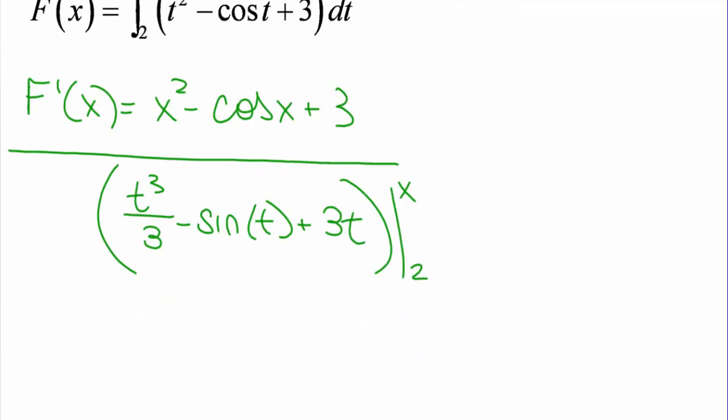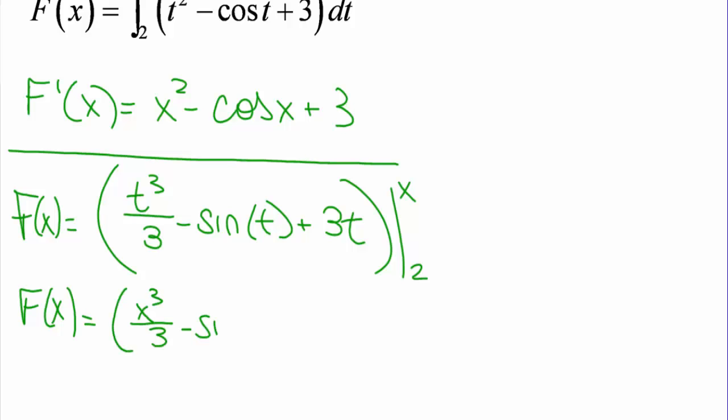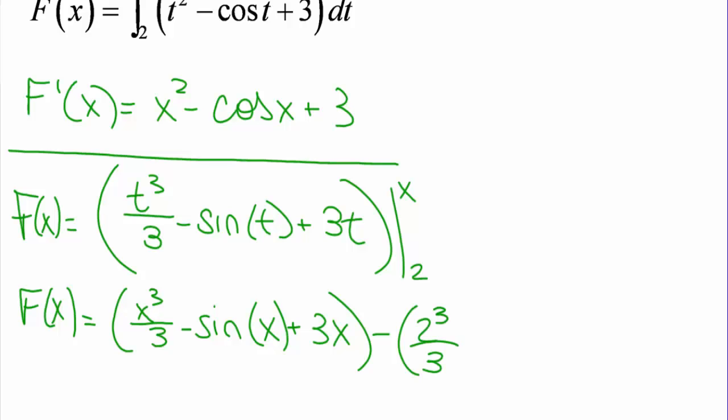This is all capital F of x, right? So capital F of x is going to be x cubed over 3 minus sine of x plus 3x minus 2 cubed over 3 minus sine of 2 plus 6.